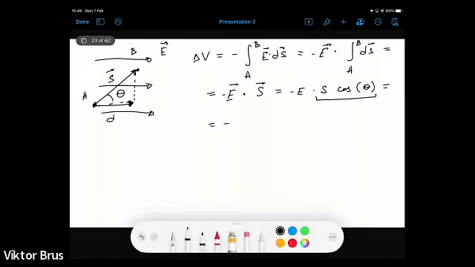It will be equal to minus E times D again. This D is the component of the displacement vector in the direction of the electric field vector. So when we deal with change of potential in an electric field, what matters is only that component of the displacement vector which is aligned parallel to the electric field vector.